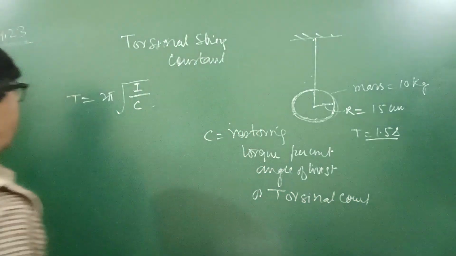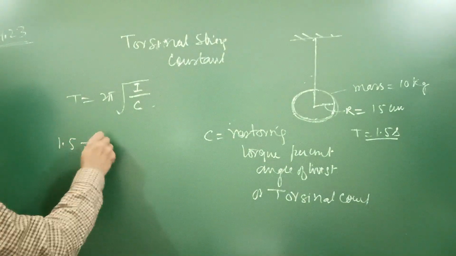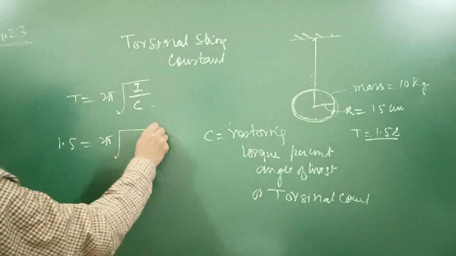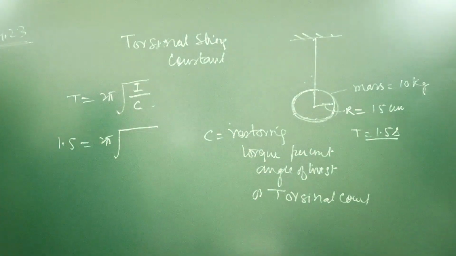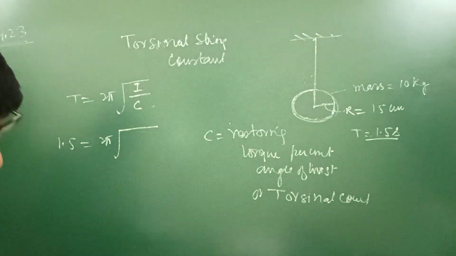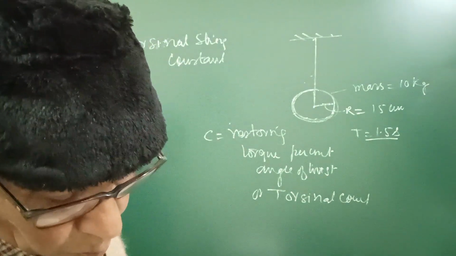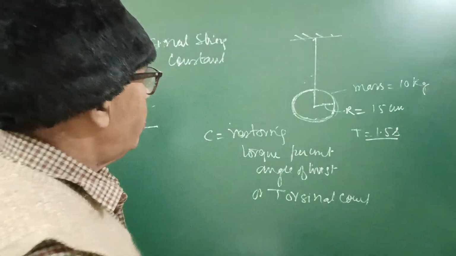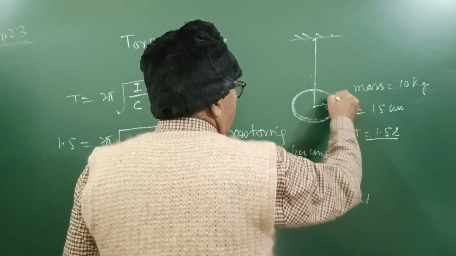So we have to find C. T is 1.5 seconds, T equals 2 pi under root I upon C. I equals M r square by 2, sorry, the moment of inertia of a disc about its axis.